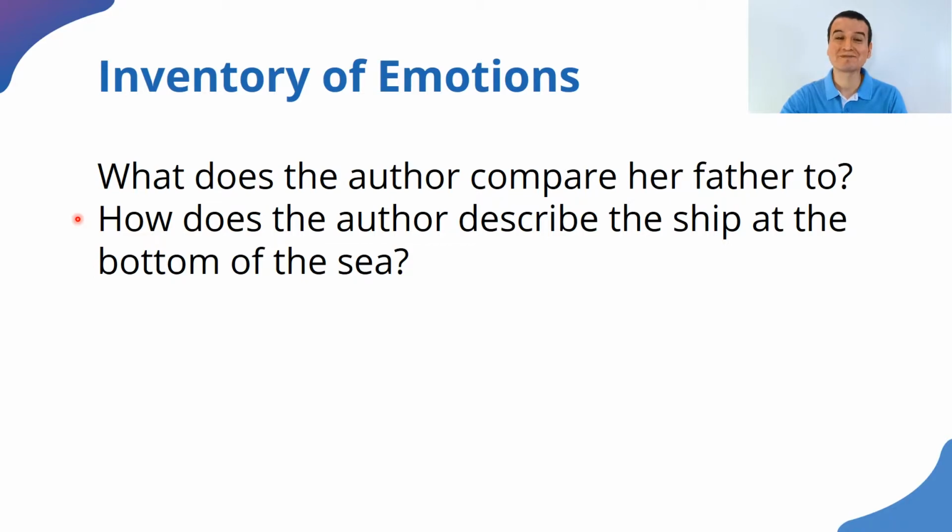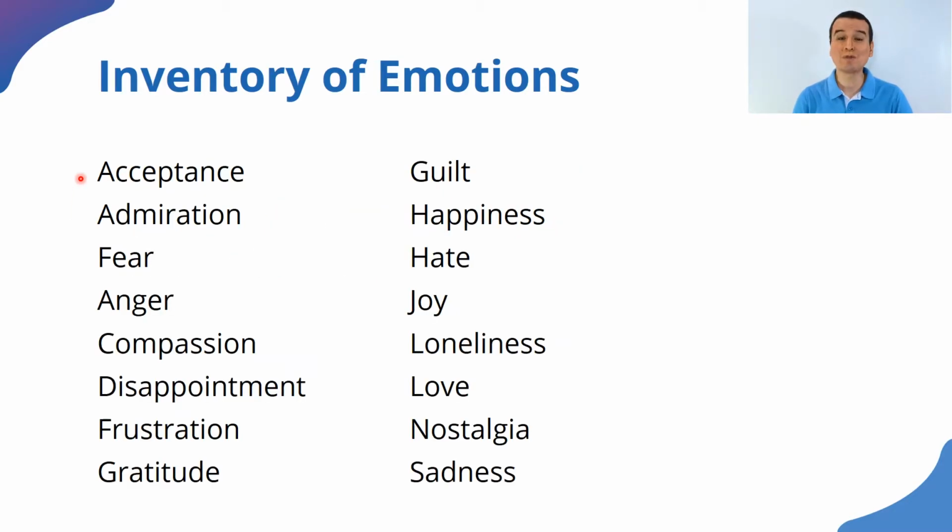All right. I would just like to go over a list of emotions that poems can evoke, and with those emotions we are going to create an inventory of emotions. Let me first name some emotions, only a few examples of emotions that can be created when we read a poem.